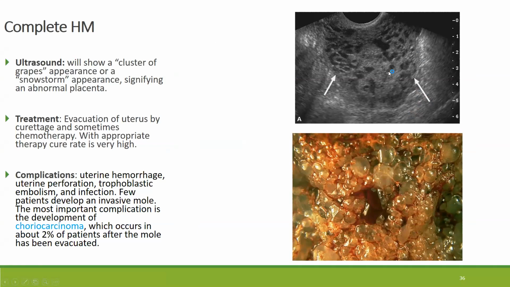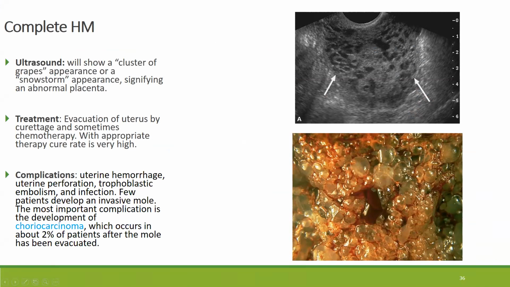On ultrasound, we see a clear-cut morphology which we call a cluster of grapes. It causes the snowstorm appearance of the chorionic villi, typical for the complete mole. Treatment is evacuation of the complete mole.